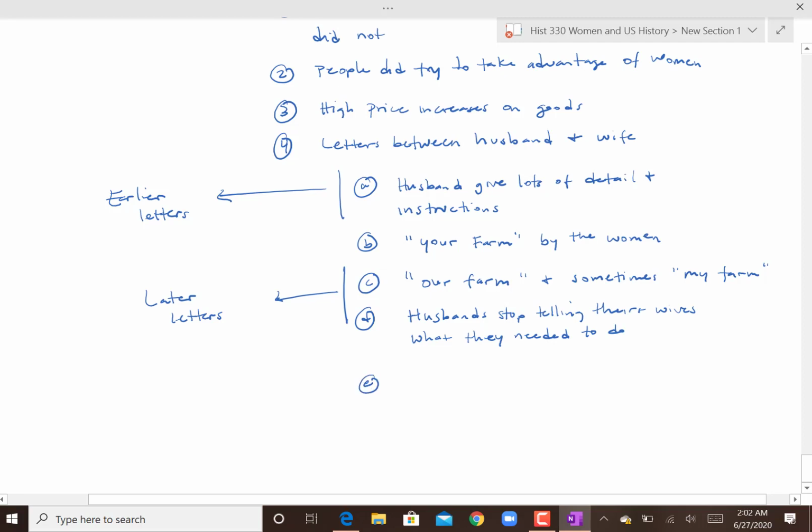There were even a couple of letters where the women basically stated, when the war is over, I want to be part of running the business. I want to be part of running the farm. I use farm as the example, but business too, right?